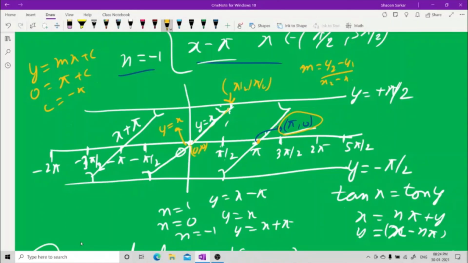For the other line, the slope is again plus 1, but the coordinate is minus pi comma 0. Put 0 here, and c is going to become plus pi. So you can see y equals x plus pi. This way also you can do it.